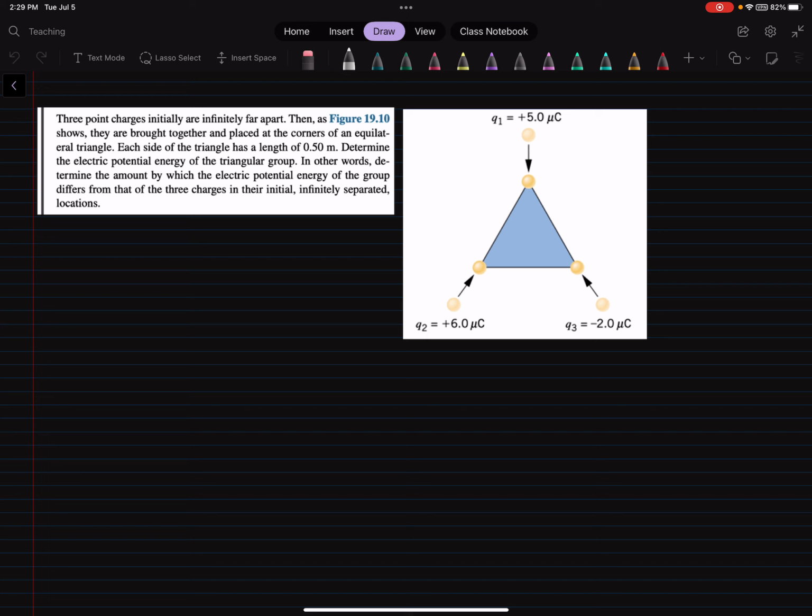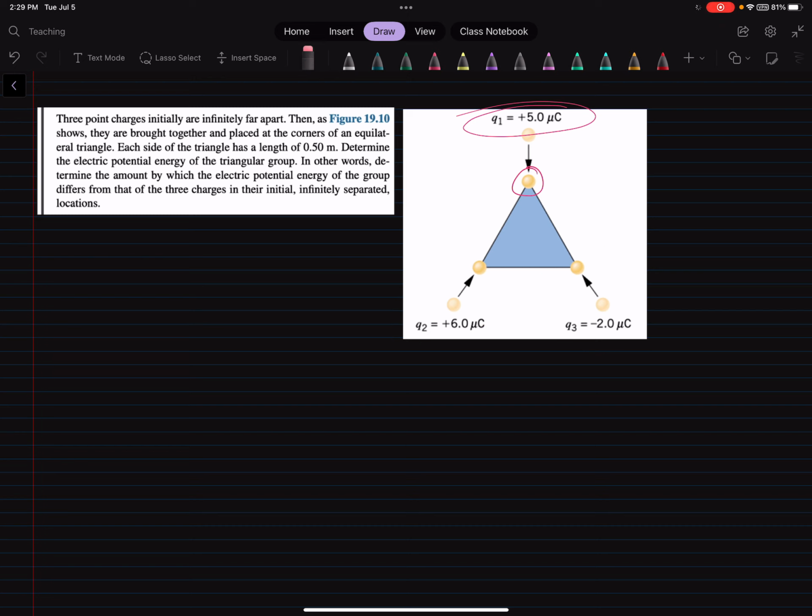So to move one from infinitely far away into its position, literally talking about charge 1 here, from infinitely far away to its position here, it actually hasn't changed in potential at all. Even though it has changed position, the other two are still infinitely far away, right?